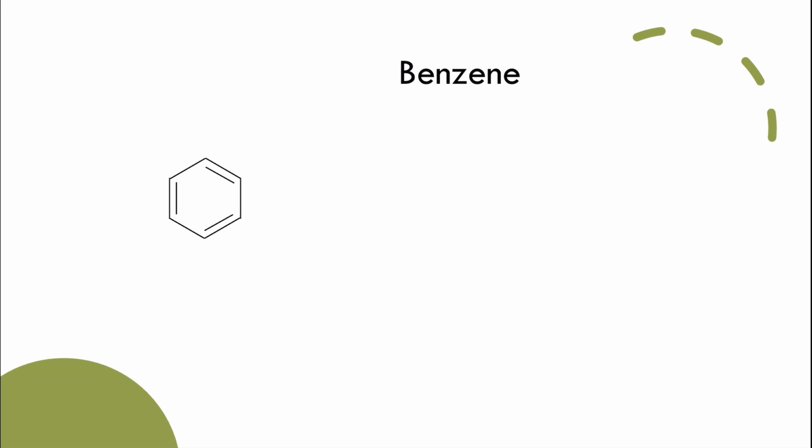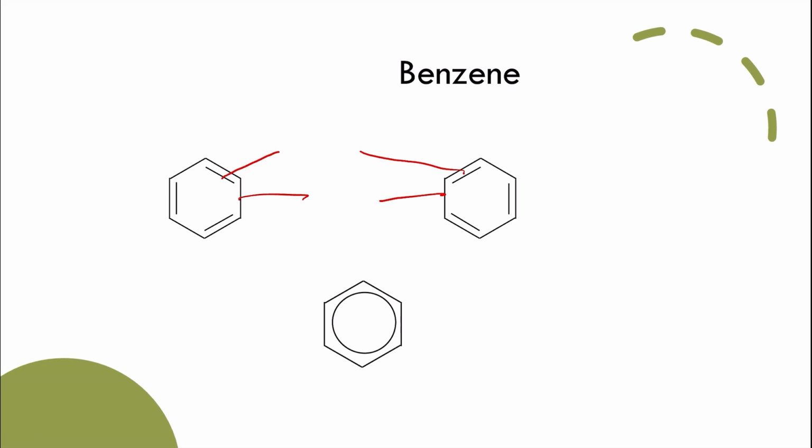Benzene ring can be drawn in this way as alternating double and single bonds, and you can also draw it this way. But remember that these are not actually double bonds and single bonds. Okay, so the right way of drawing benzene is like this, when we draw this ring in the center of the whole structure, this circle.